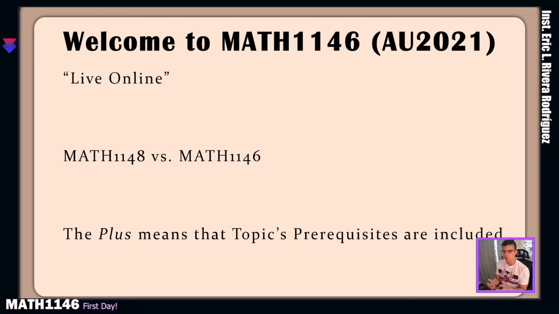It is good for you to know that there are other codes for College Algebra. For example, the one that I believe is used universally is 1148. I have seen that some degrees in OSU require a College Algebra class, and the code they use to indicate that is MATH1148.